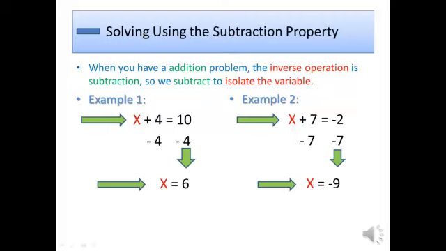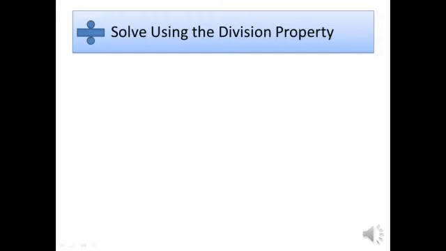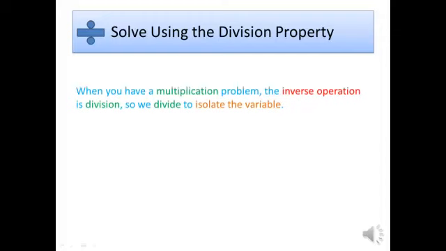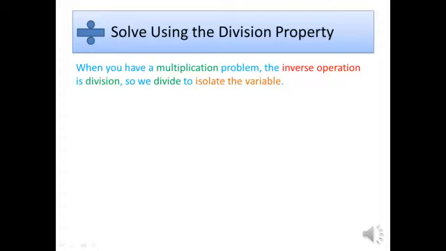Okay, let's try multiplication and division now. We're first going to solve using the division property. When you have a multiplication problem, the inverse operation is division, so we divide to isolate our variable. Example number 1. 7x equals negative 21.